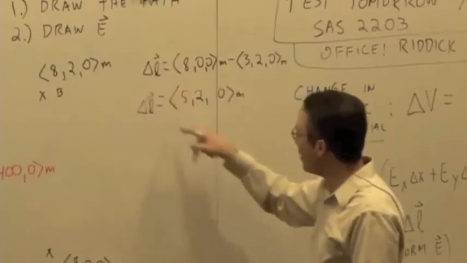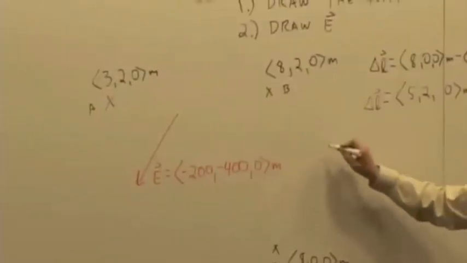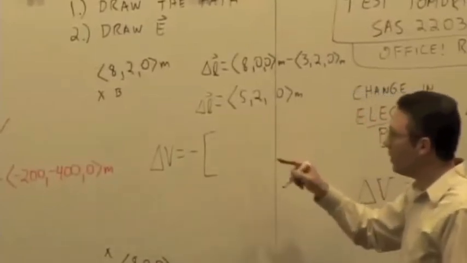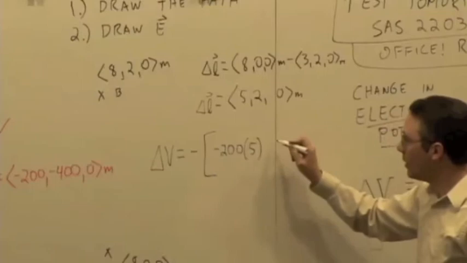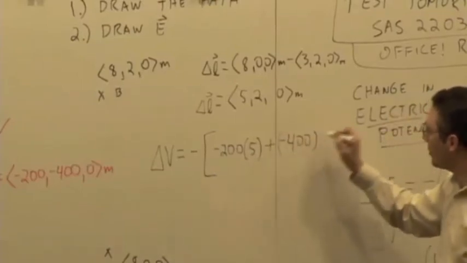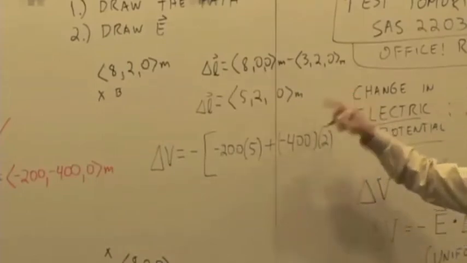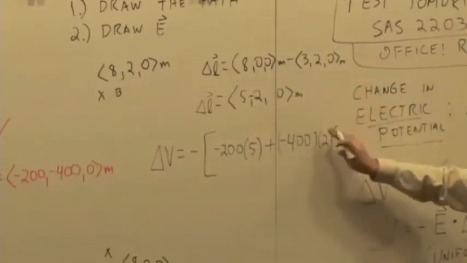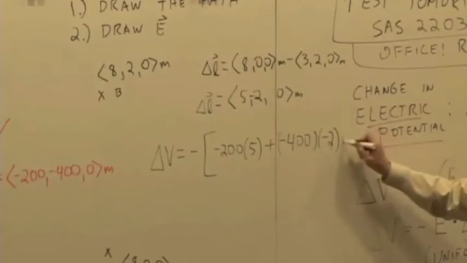We're taking the dot product of that with negative 200, negative 400, 0. So we say delta V is negative of negative 200 times 5 plus negative 400 times 2. What did I do? Negative 2? Thank you. Because we're going in the downward direction. Times a negative 2, and then plus 0.